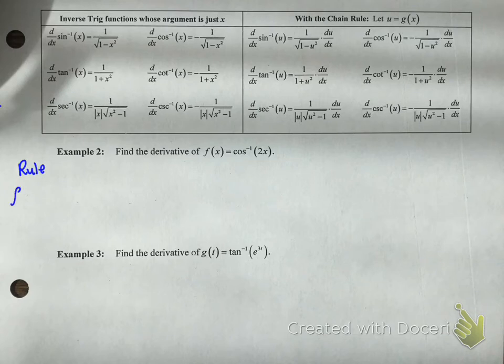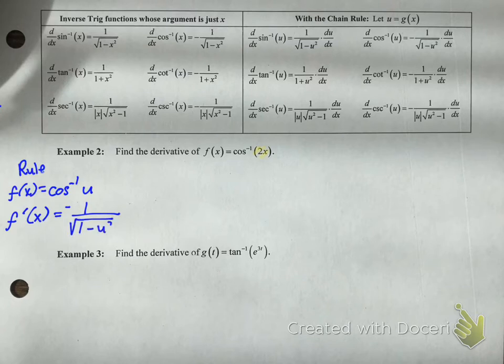So if my original function is inverse cosine of u, because remember this is complicated, it's not just x, it's 2x, then we know the derivative is going to equal negative 1 over the square root of 1 minus u squared times du dx. So that's my rule.